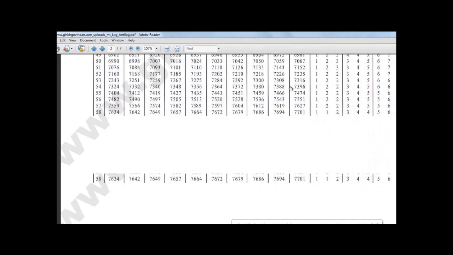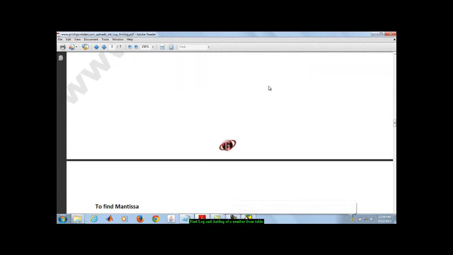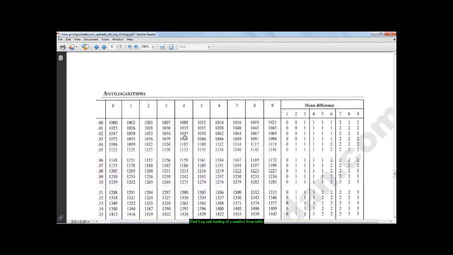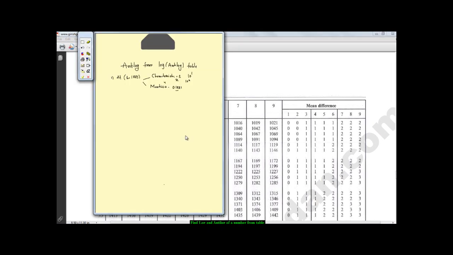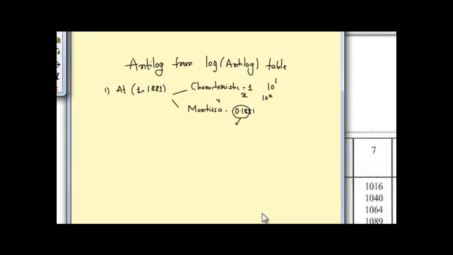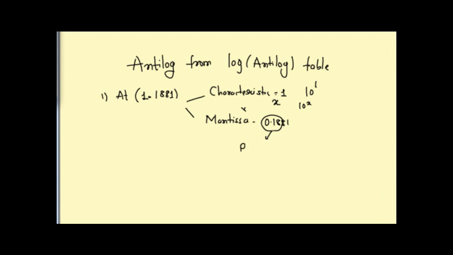Okay, let us move to the antilog tables and we have to search for 0.18. Same logic: the first two digits, 0.18, give the row number, the third digit gives the column number, and the fourth digit gives the mean difference.